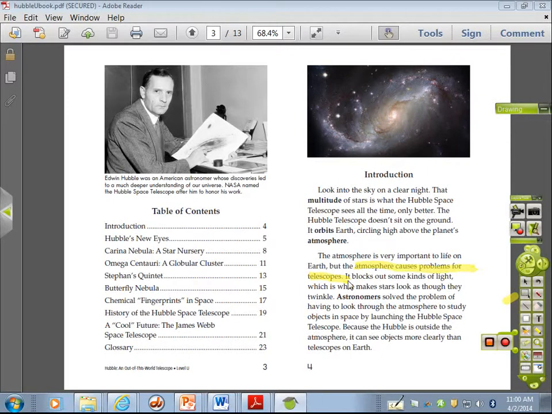It blocks out some kinds of light, which makes stars look as though they twinkle. Astronomers solved the problem of having to look through the atmosphere to study objects in space by launching the Hubble Space Telescope. Because the Hubble is outside the atmosphere, it can see objects more clearly.